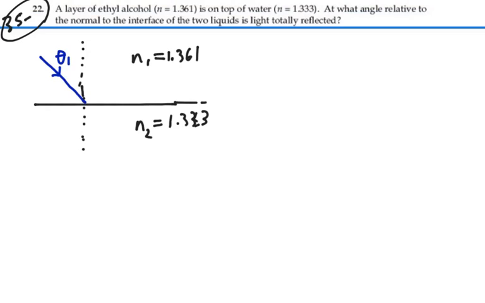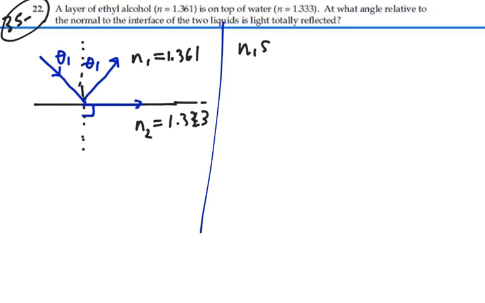And for it to be totally internally reflected, we have to assume that our angle of refraction going into the water is going to be 90 degrees, so that we actually end up with a totally reflected ray.